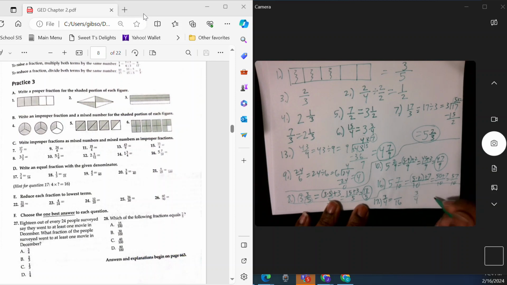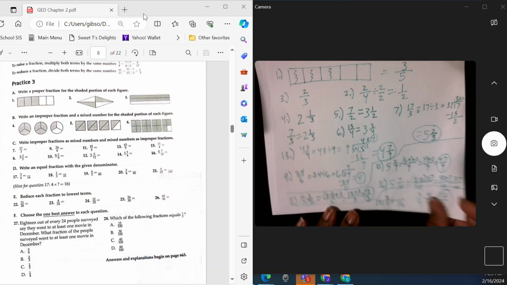So we had 3/4 equals blank over 16. Like I said, 4 times 4 is 16. But whatever we multiply the bottom by, we also must multiply the top by. 4 times 4 is 16. 3 times 4 is 12. So we had 12/16, and we will leave it this way, because remember, we're trying to find an equivalent fraction.